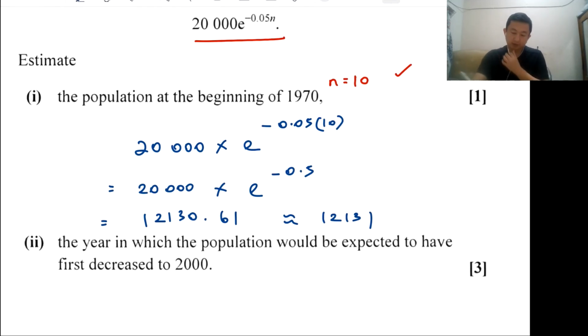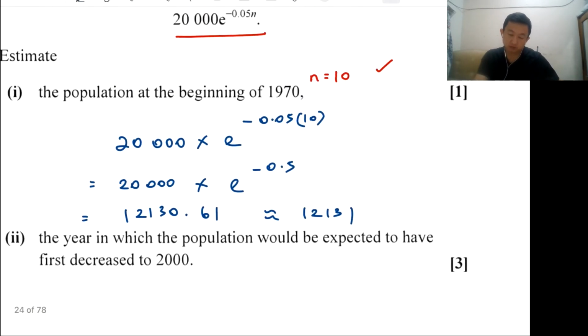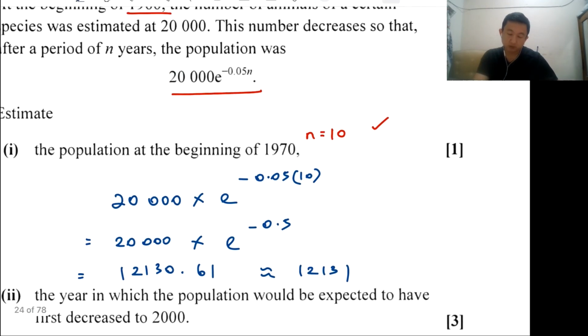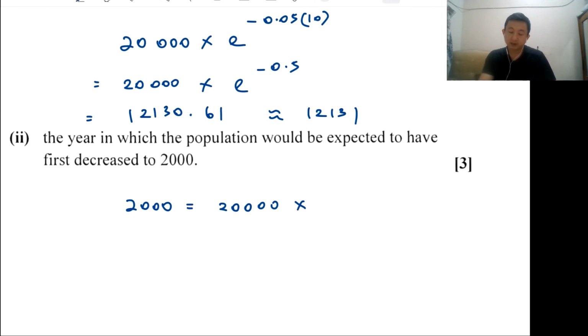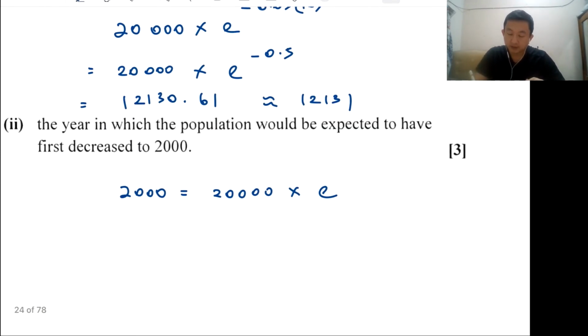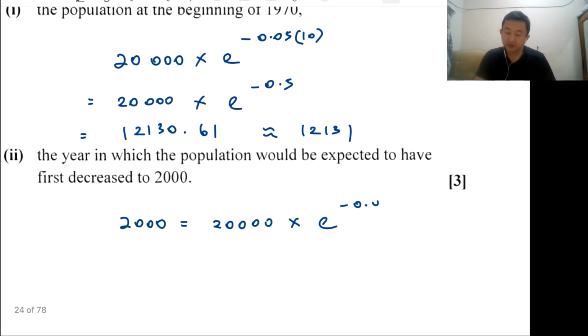Okay, now we have to find the year, estimate the year where the population is expected to have first decreased to 2,000. Okay, so let's use the formula. The formula is start from 20,000 times e to the power of negative 0.05n.